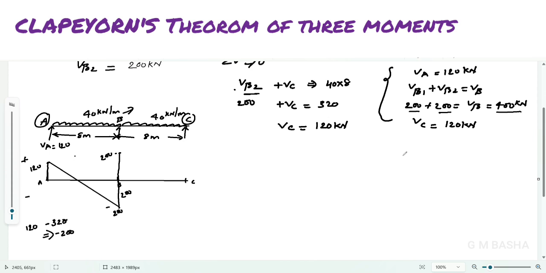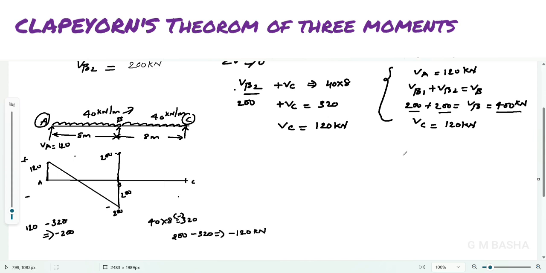See here, 400 kilonewton. And again we are here, the downward load is acting, that is 40 into 8. We know 40 into 8 is 320, which is acting downwards, that is negative. So we are at here, which is 200 kilonewton, and 200 minus 320 gives minus 120 kilonewton.